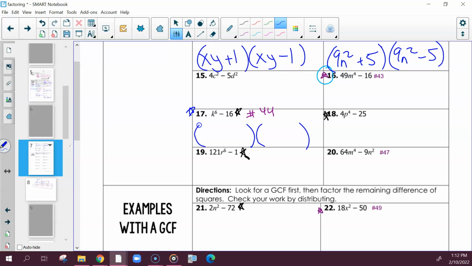So k to the third, yes. And k's look weird, but they are k. And 4. So k to the third minus 4 and k to the third plus 4 would be our answer.